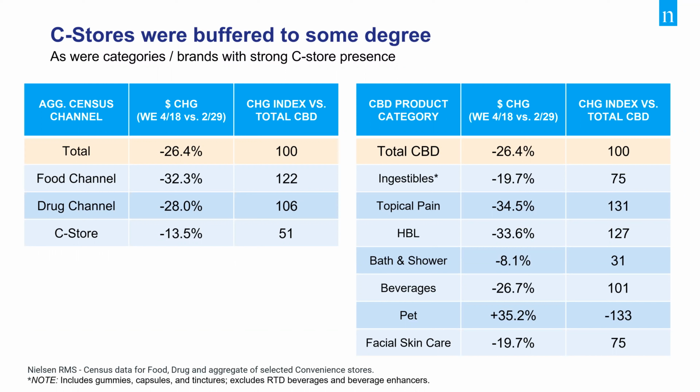I think some of that traces to the fact that some ingestible users may have more serious conditions they were looking to treat and wanted to make sure they had product on hand. Topical pain relievers and hand and body lotions definitely have a strong place in consumers' mindsets, but when it comes to an emergency, they're probably not the first thing people are thinking about compared to some of these other product categories.